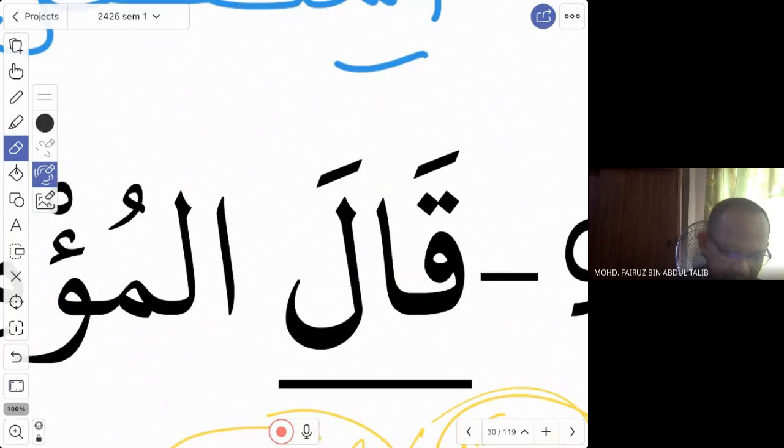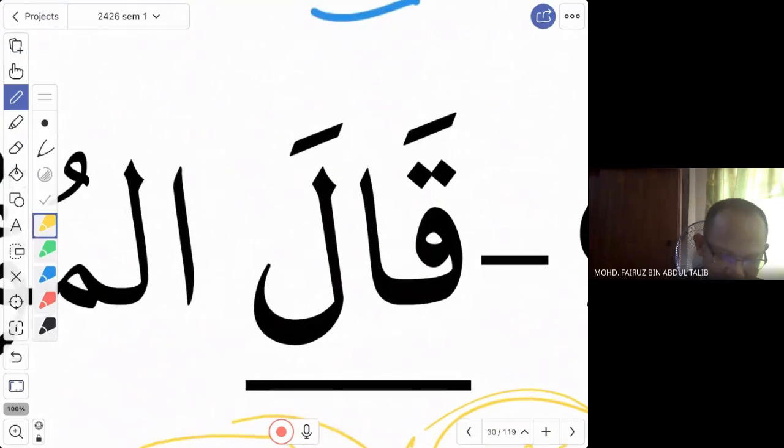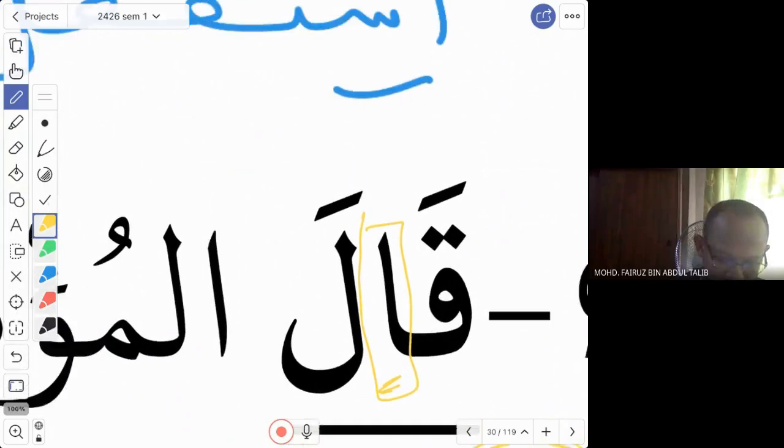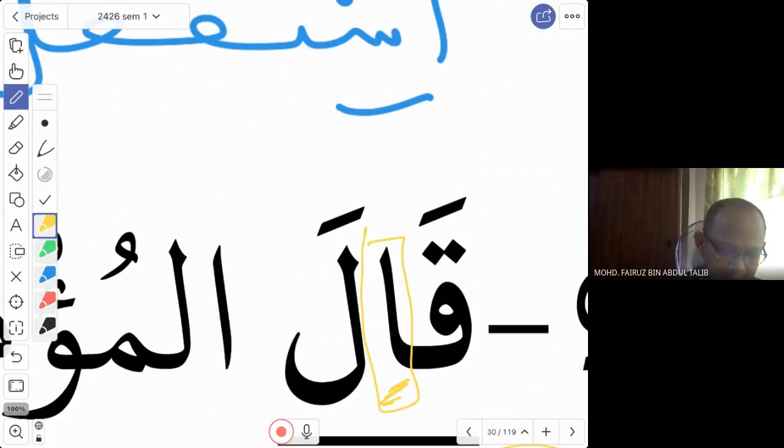Qala. Since you see an alif, this is the weak letter, the harful illah that I mentioned just now. When you have a fi'il that contains alif in the middle, this alif is actually from another letter. The alif is not the original letter.